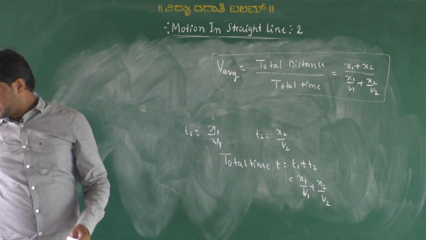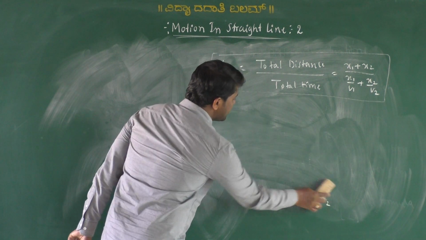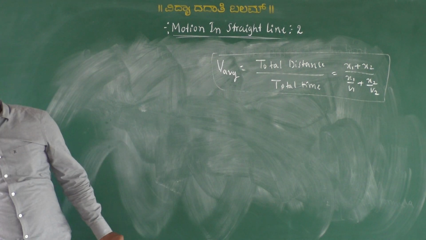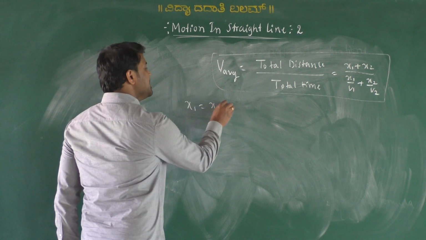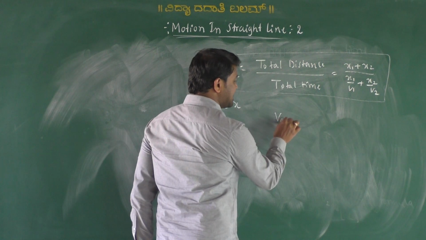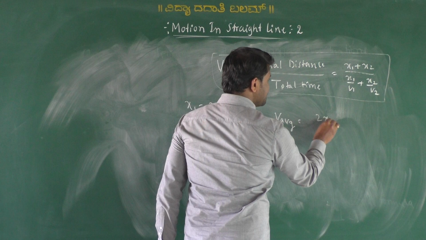Then if a condition is like this, if distance x1 is equal to x2, ಒಂದು ವೇಳೆ x1 equal to x2 ಆದರೆ, then obviously becomes x ಆಗುತ್ತೆ. Then this average velocity ಏನಾಗುತ್ತೆ ಅಂದರೆ x plus x becomes 2x here.